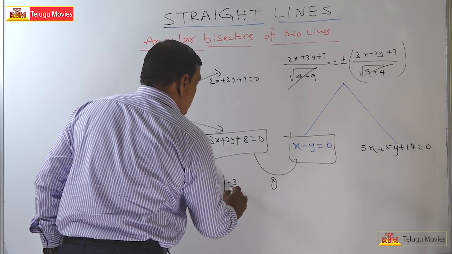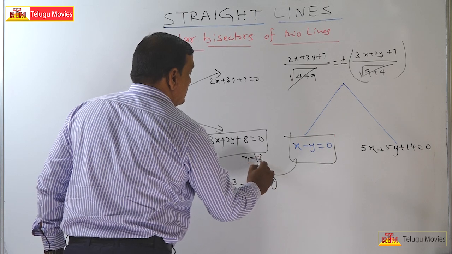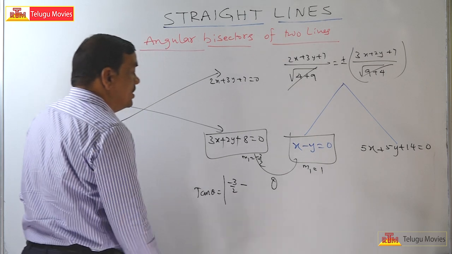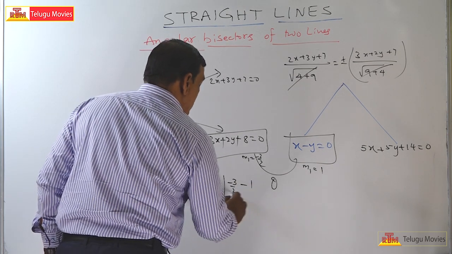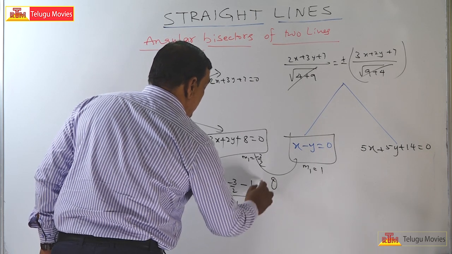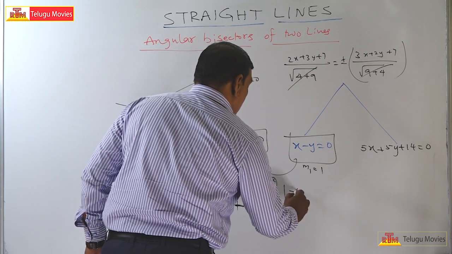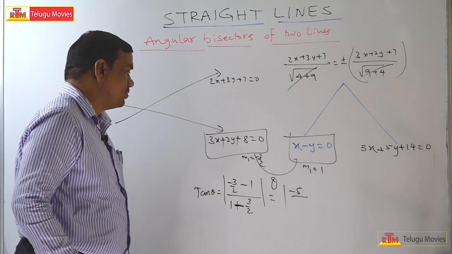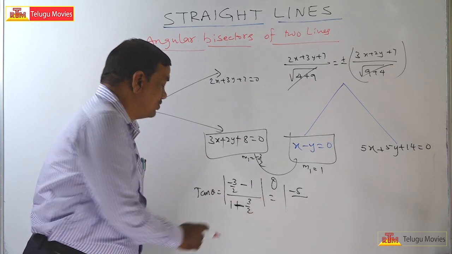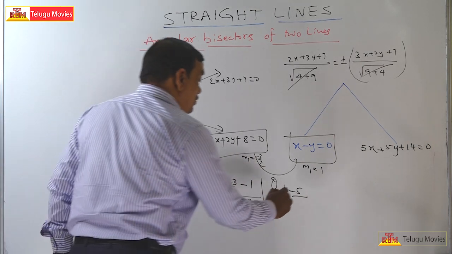The slope of this line is minus a by b, that is minus 3 by 2, and the slope of the other is 1. So, minus 3 by 2 minus 1, upon 1 plus m1 into m2, which is 1 plus minus 3 by 2, that is minus 1 by 2. Roughly, this is equal to minus 5 by 2 upon minus 1 by 2.